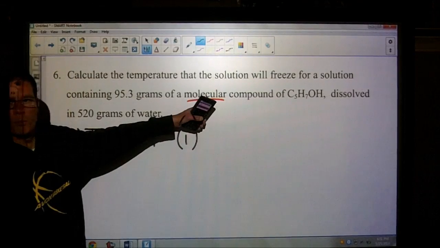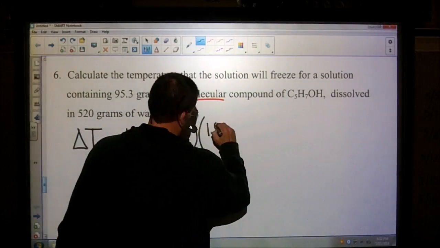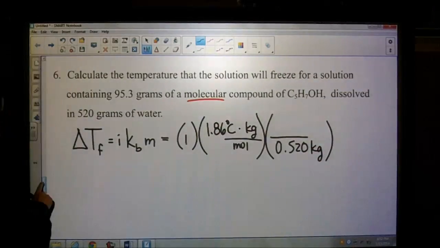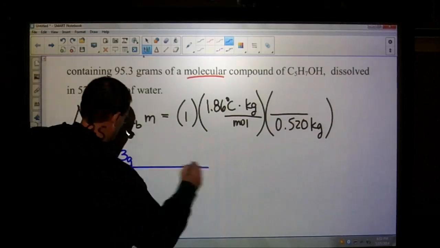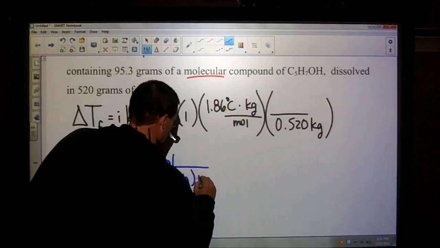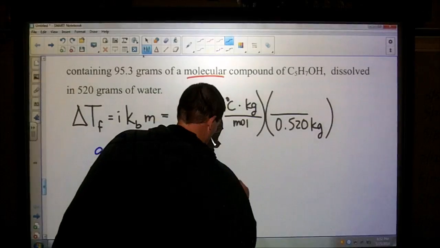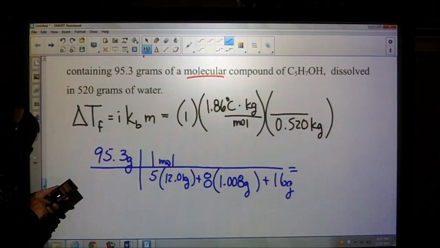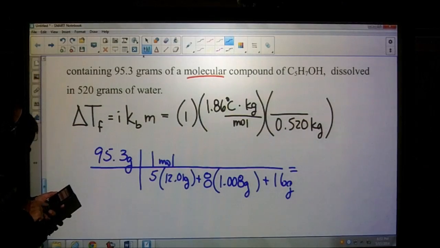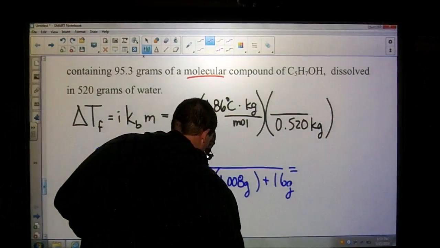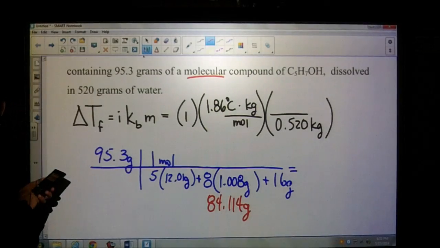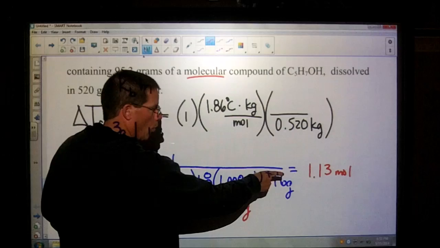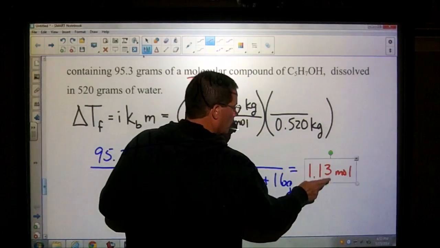The I is 1, because it's molecular. 1.13 moles.